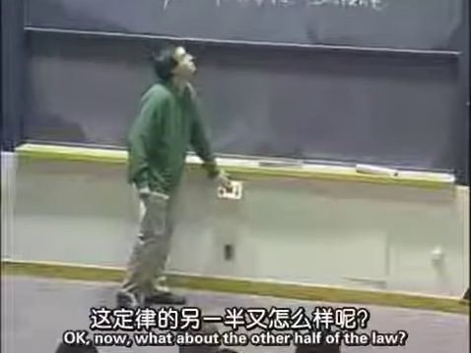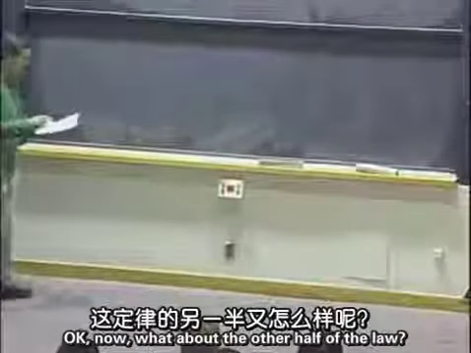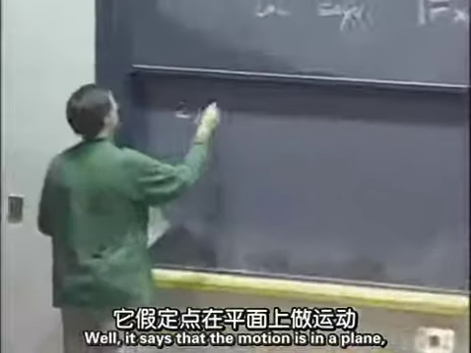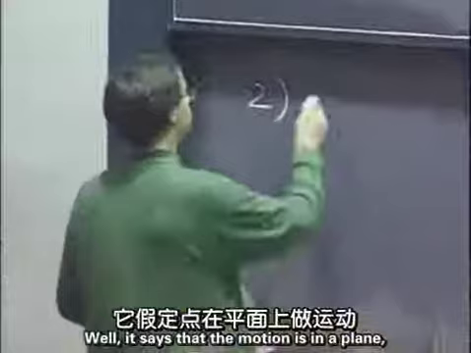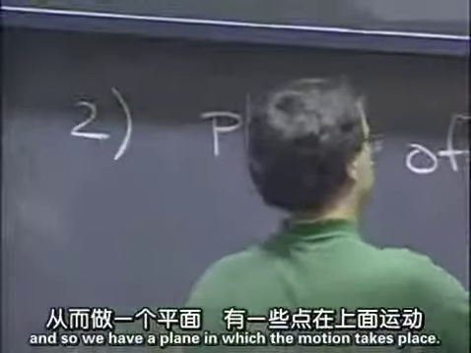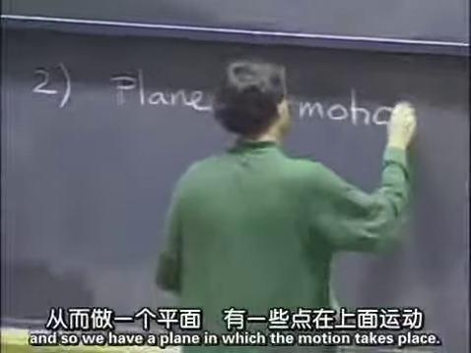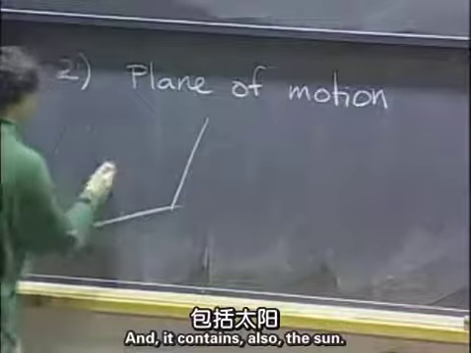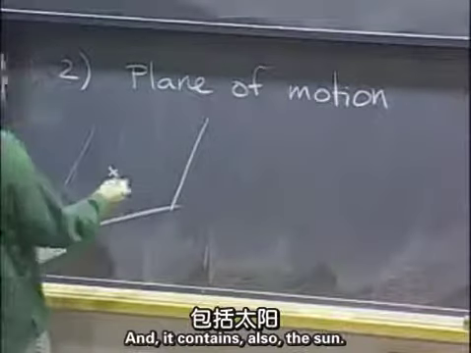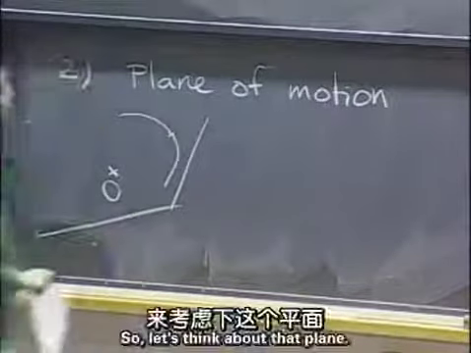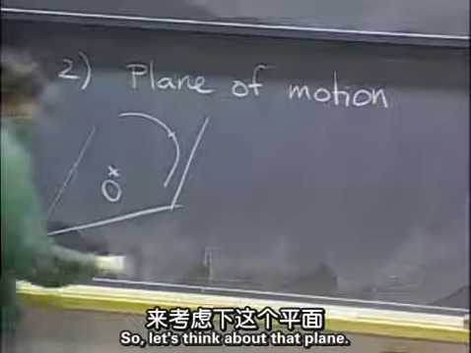Okay. Now, what about the other half of the law? Well, it says that the motion is in a plane, and so we have a plane in which the motion takes place, and it contains also the sun, and it contains the trajectory. So let's think about that plane.